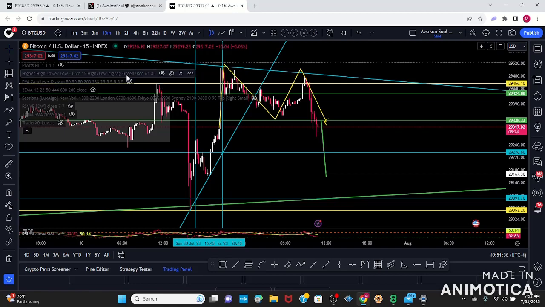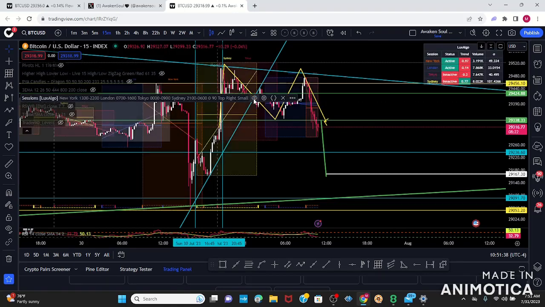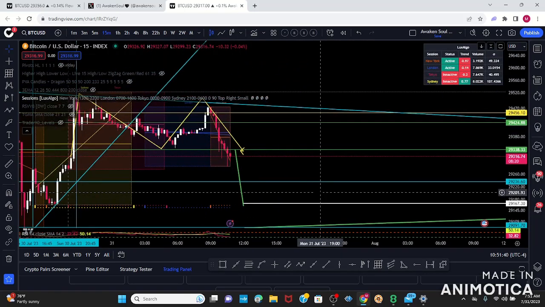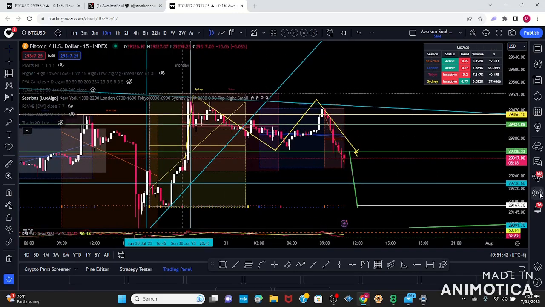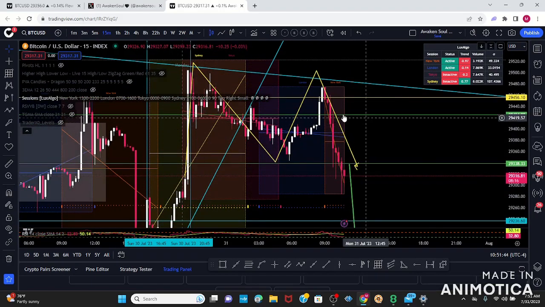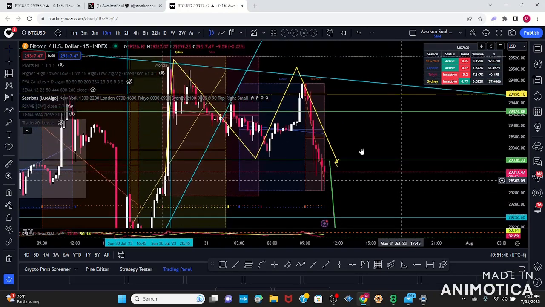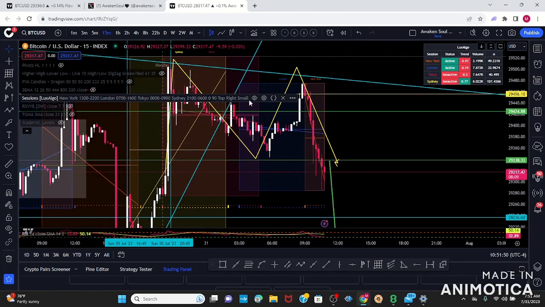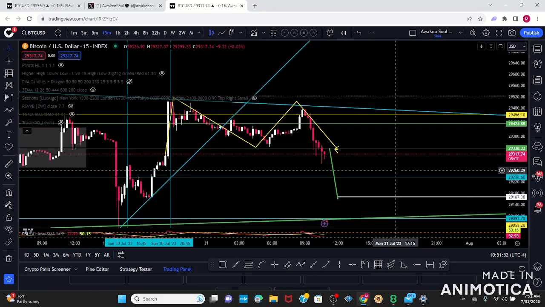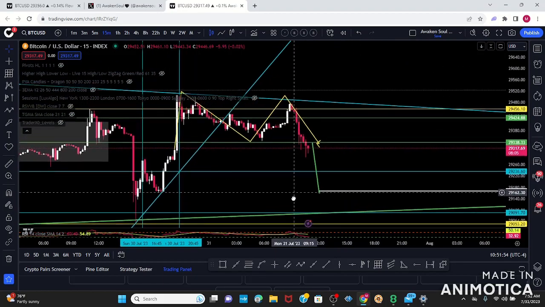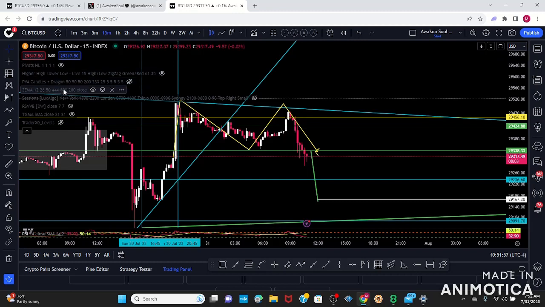Another thing that I like to use is my sessions indicator, right? It's going to tell me, see, London is still open, but we're under the London and the New York PLC. We are in a downtrend on the New York session. My 12, 26 EMAs.